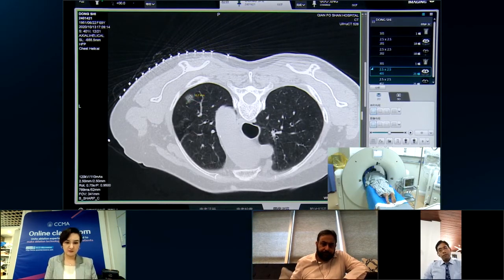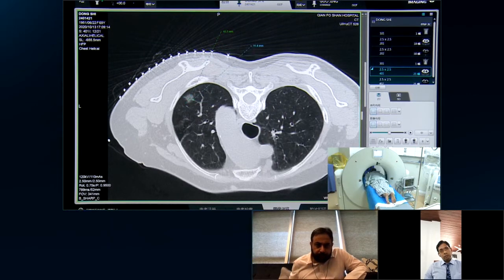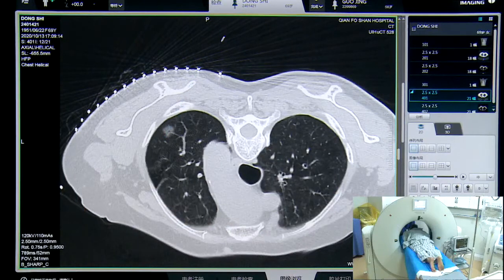The diameter is 11 millimeters. Yeah, the slice of this is the 2.5 millimeter slice of the CT.